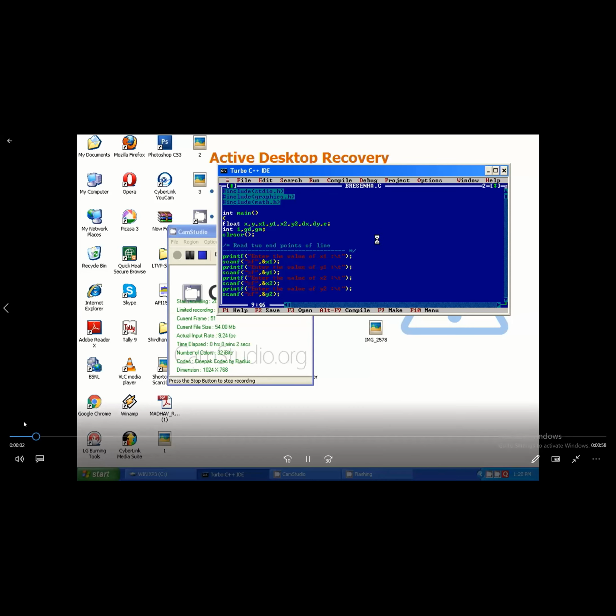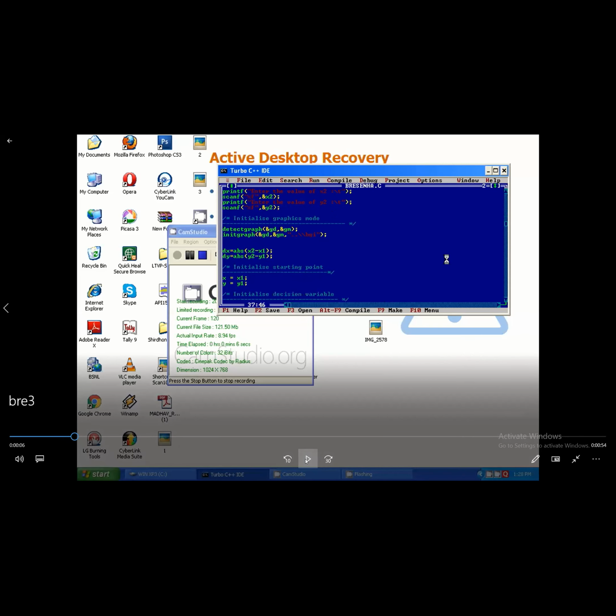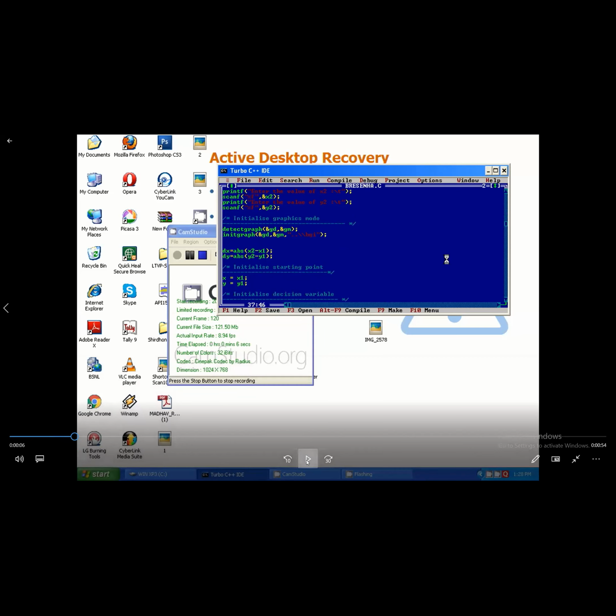So see here what modifications I have done in the earlier program.